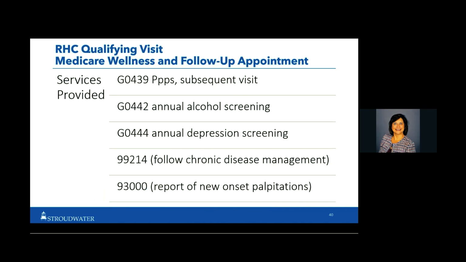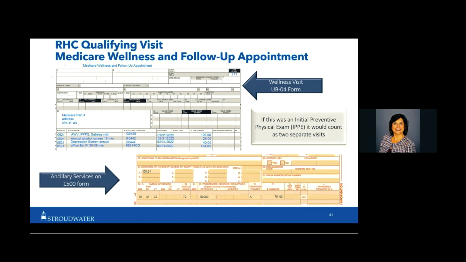So in thinking about this is where you start separating the claims out, because if you have the wellness visit, it is done on the 1500 form, where you've got the CG modifier that's attached to the office visit of the 99214, and then you have the annual wellness charges that are pulled out separately and reported as individual dollar amounts.